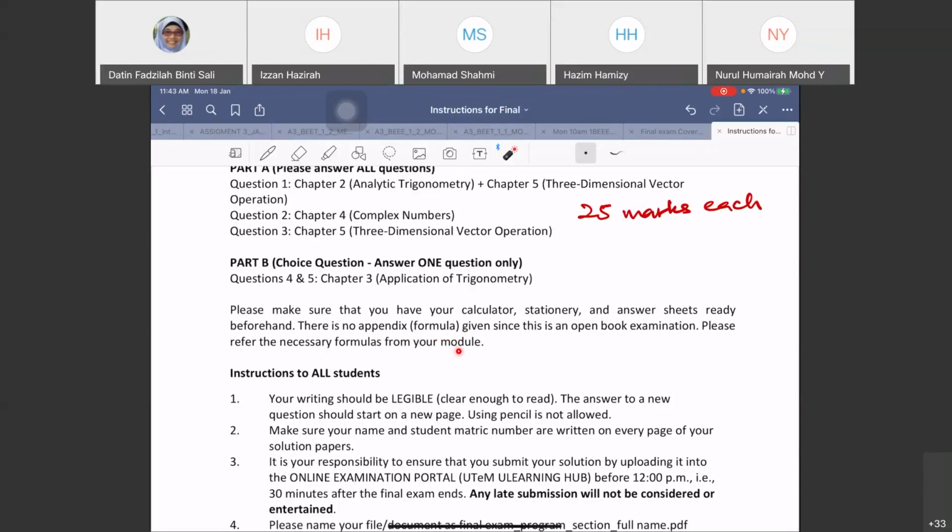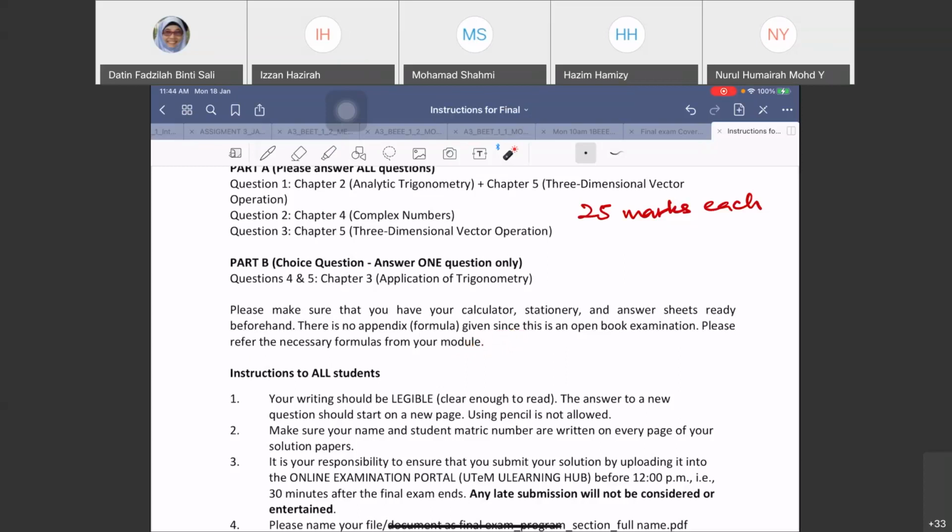I think you can use that, because it is very handy. So make sure you put a tag or whatever, so that you can easily open that particular page when you need to refer.